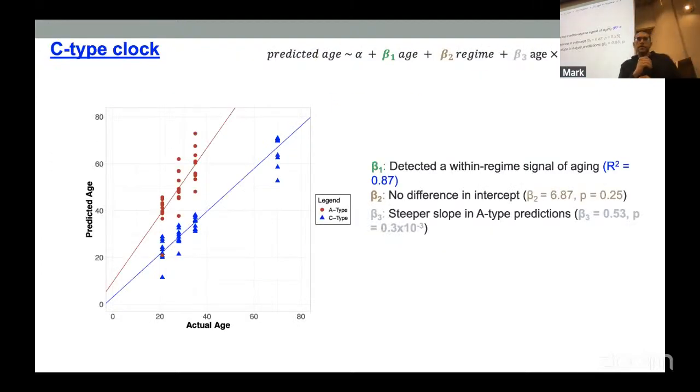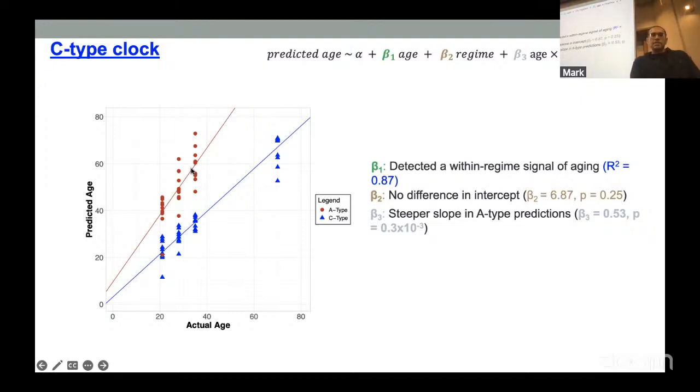right? So here are our results from the C-type clock. In blue, we have the C-type predictions, and in red, we have the A-type. Looking up here, we can see that if we train on C-types, it predicts C-types pretty well, so that's good. If that wasn't the case, this would be another point where we would just stop, but it worked out. And then we looked at C-types predicting A-types.